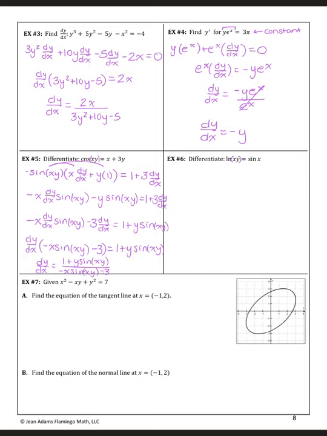So the derivative of the natural log of xy is 1 over xy times the derivative of the inside. So the derivative of xy, again, product rule, so you have the first times the derivative of the second plus the second times the derivative of the first. And this is equal to the sine, derivative of sine is cosine x.